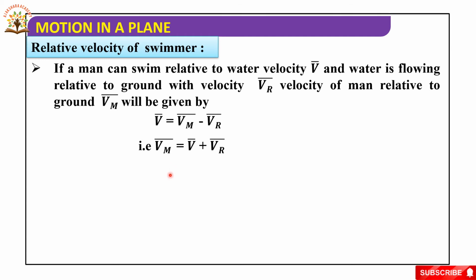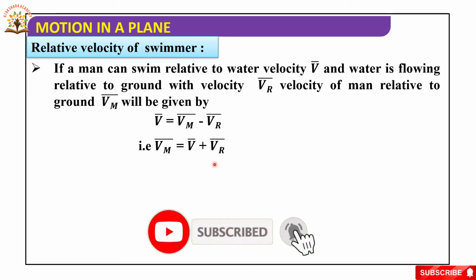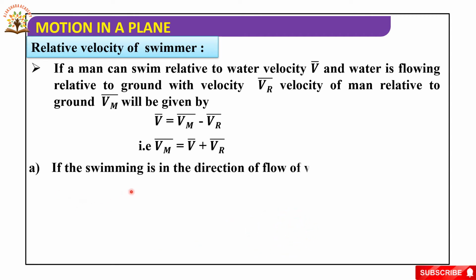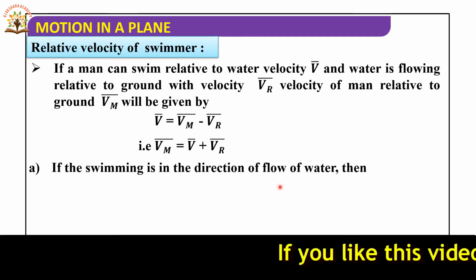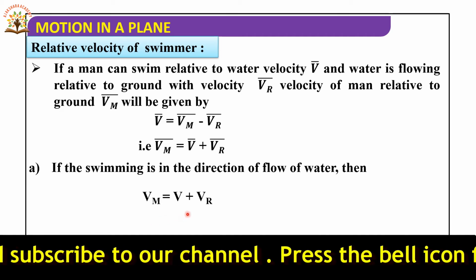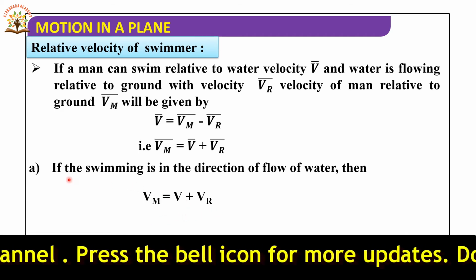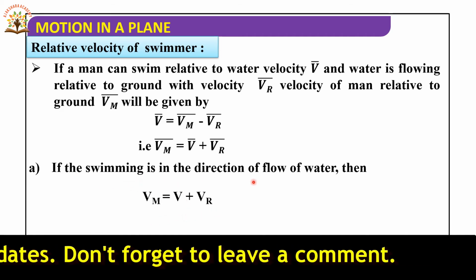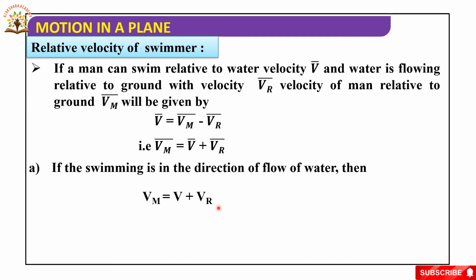So vm bar equals v plus vr bar, with vr coming to this side. If the swimming is in the direction of flow of water, then vm equals v plus vr.